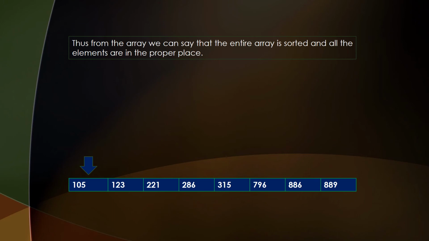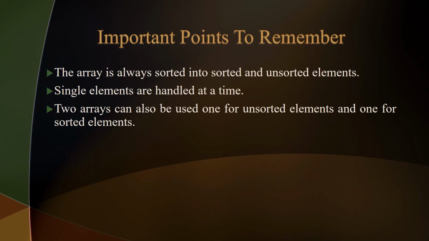So this is how an array can be sorted using the insertion sort algorithm. We simply have to pick an element from the unsorted array and directly insert it into its proper position in the sorted array. Now there are a few important points to remember. Any array which needs to be sorted is always divided into two parts, sorted elements and unsorted elements.